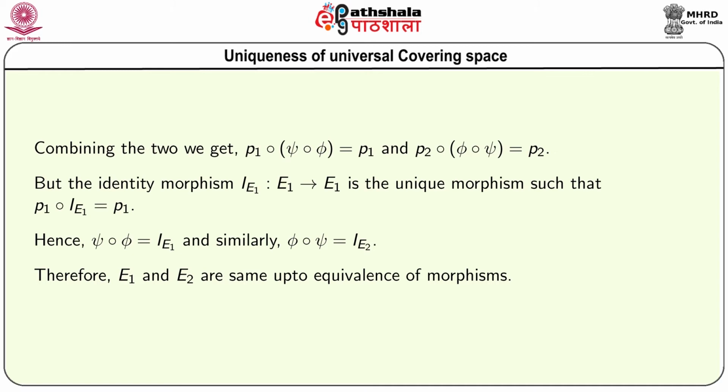Therefore, E1 and E2 are same up to equivalence of morphisms. So, we have proved that if a universal covering space exists for a topological space, then that must be unique. But that theorem does not guarantee the existence of universal covering space for any topological space.